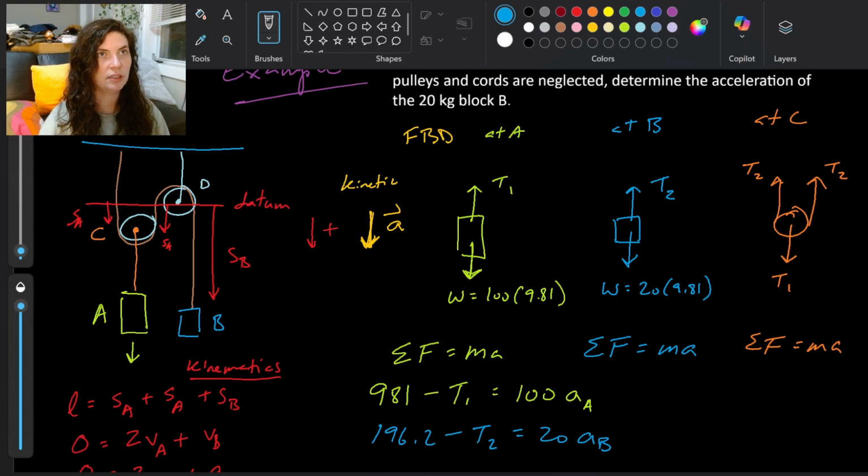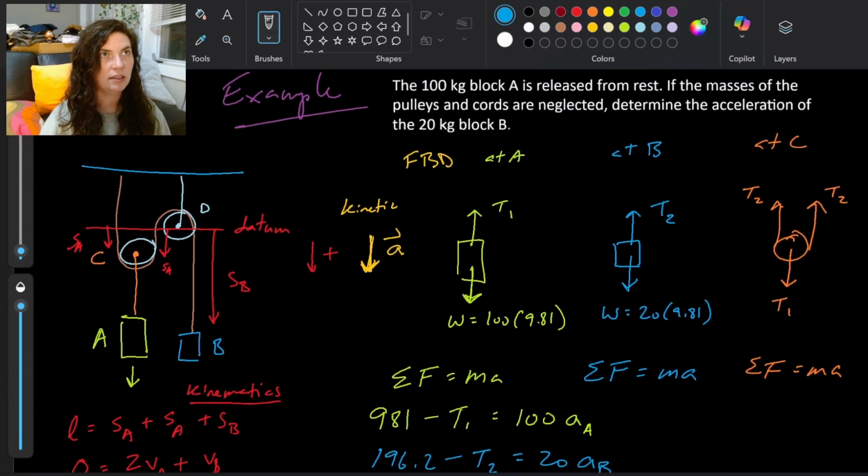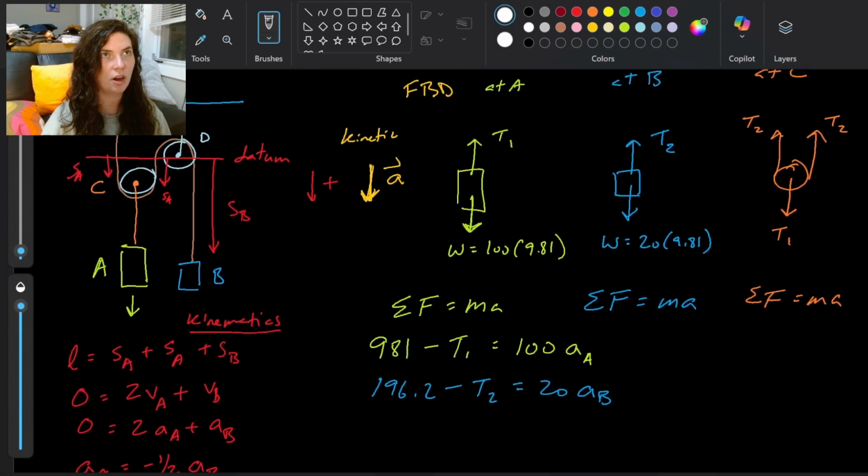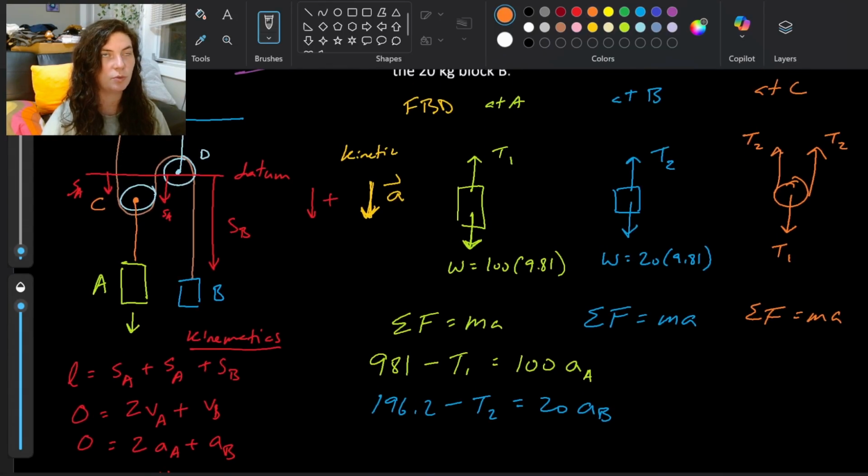Let's keep moving. Let's take a look at C. Now at C, something very important that our statement said is that the masses of the pulleys and cords are neglected. Which means when we set up this summation at C, it's really just a statics problem, right?